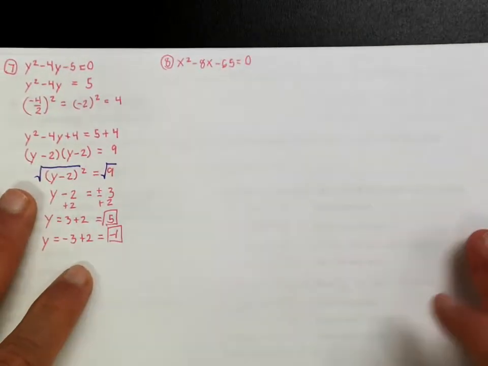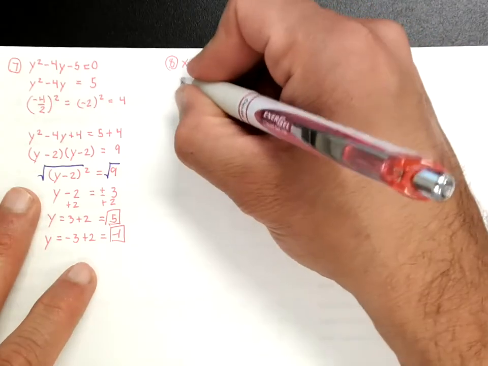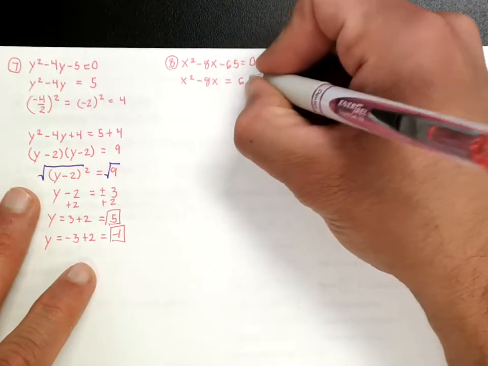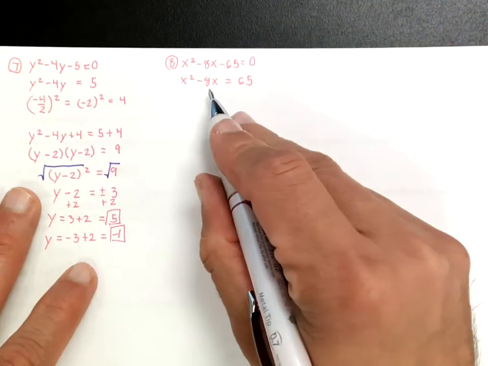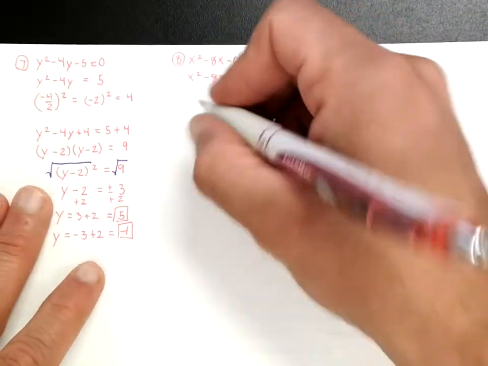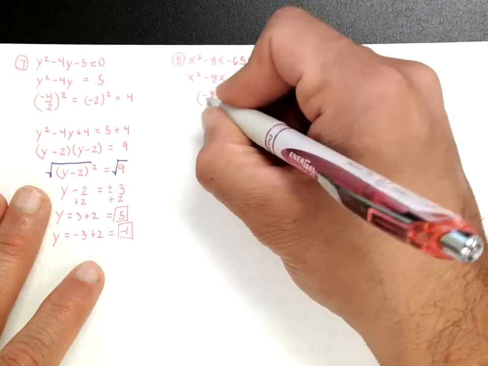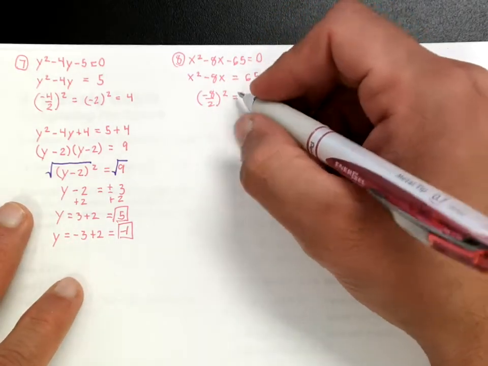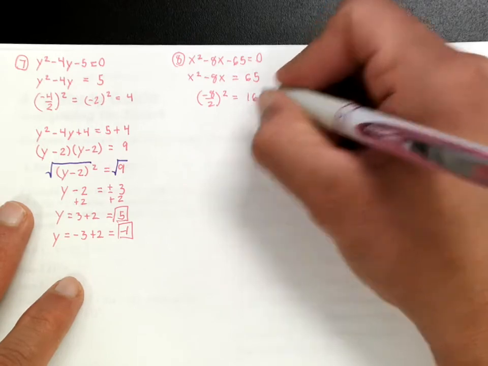In this one, I'm going to start off by, remember, adding the 65 to that side. And now I'm going to grab this term right here, divide it by 2, and square it. Negative 8 divided by 2 is negative 4. Negative 4 squared is 16.